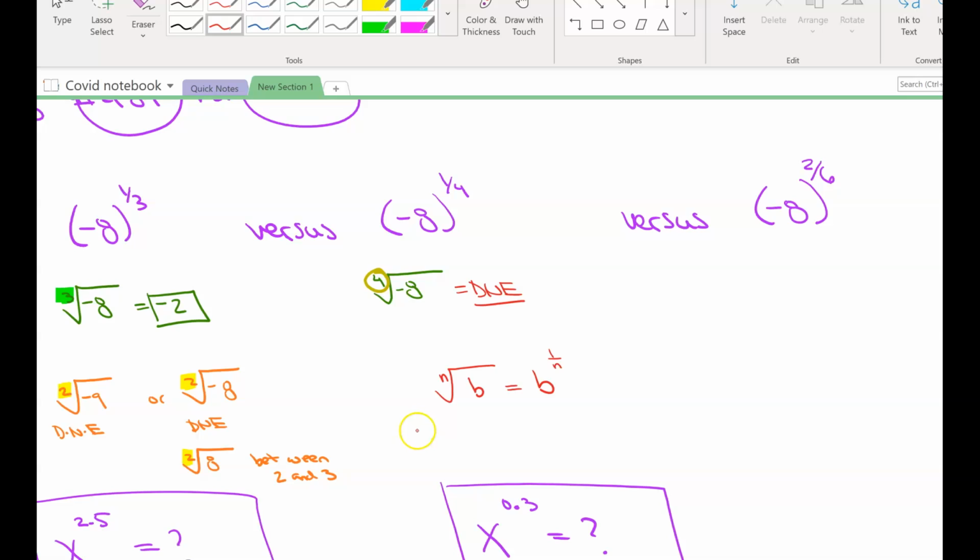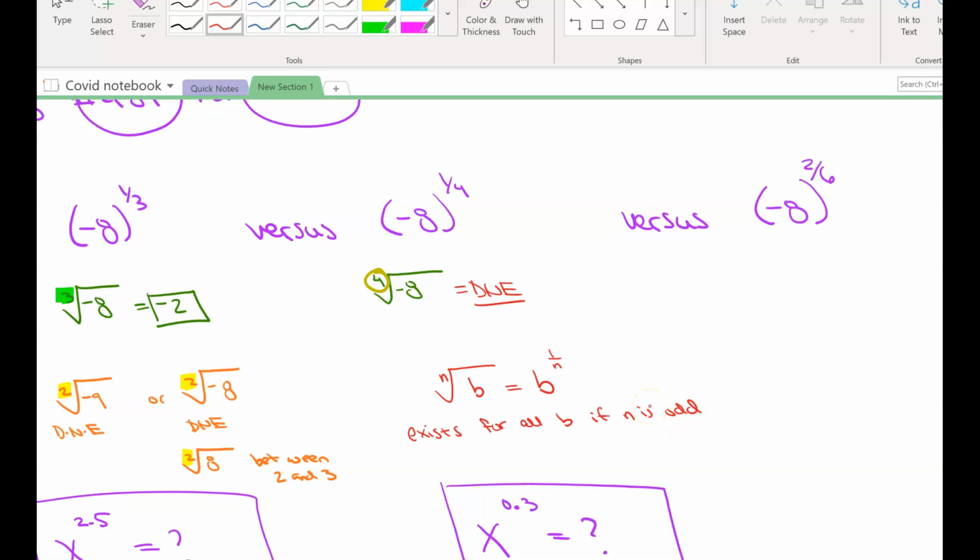What we say here is this exists for all b values if n is odd, okay?